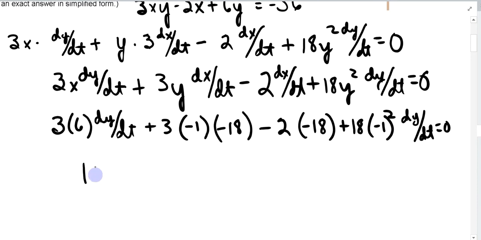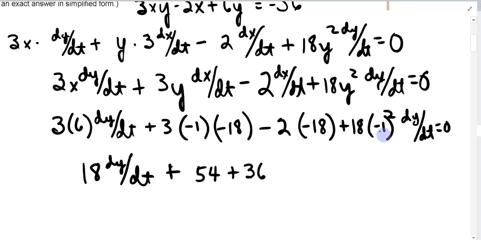So this is 18 dy/dt plus 54 plus 36, and negative 1 squared is 1, so this is plus 18 dy/dt equals 0.